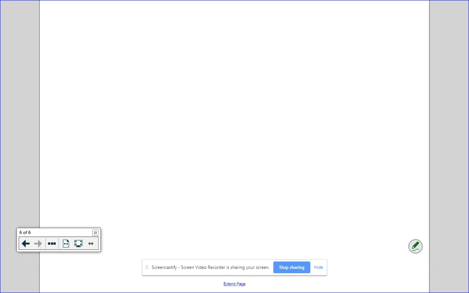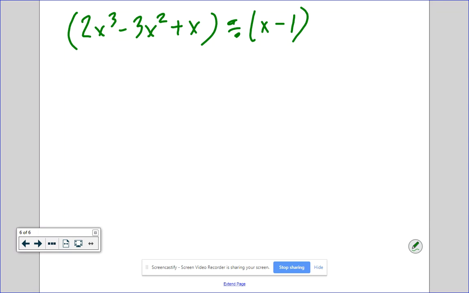solving for roots. Sorry. All right, so let's do number 5. So I have 2x cubed minus 3x squared plus x, and that's all divided by x minus 1. Use remainder theorem to find whether or not it's a factor. If it is, state that, and then find the other factor. So, how do I do that?